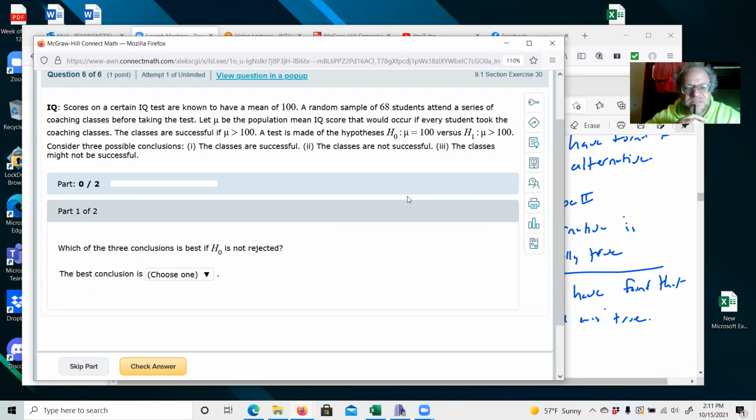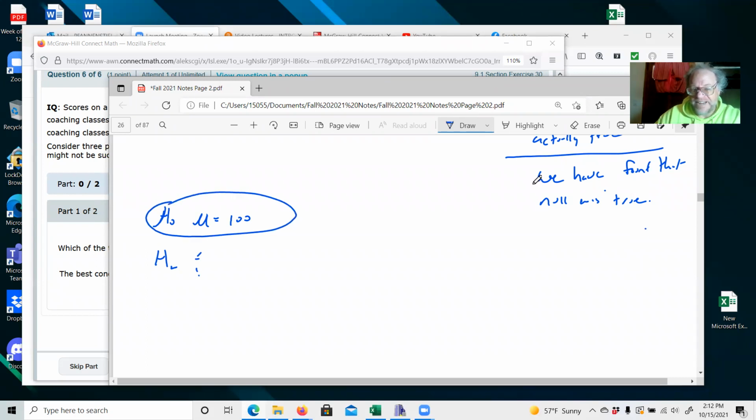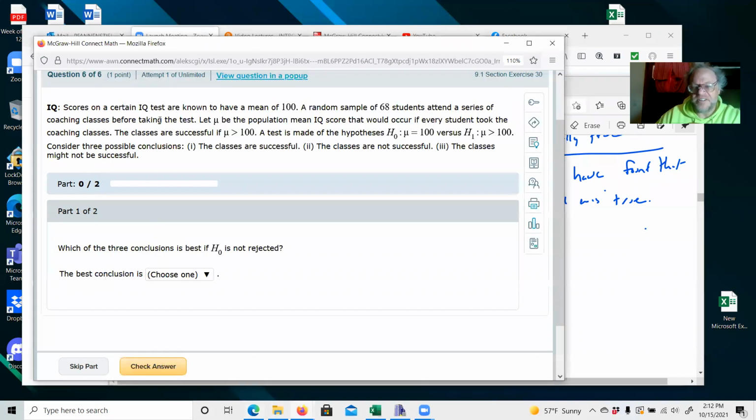Which of the three conclusions is best if H0 is not rejected? Remember what H0 says. H0 says it's the status quo, so H0 says the mean is still 100. HA could be any number of these things. If H0 is not rejected, the best result is that these coaching classes don't do anything for you.